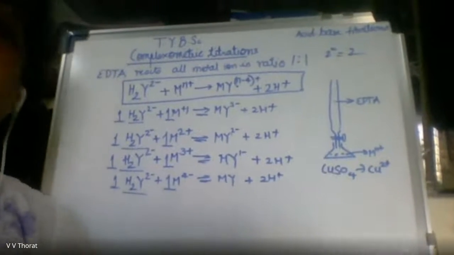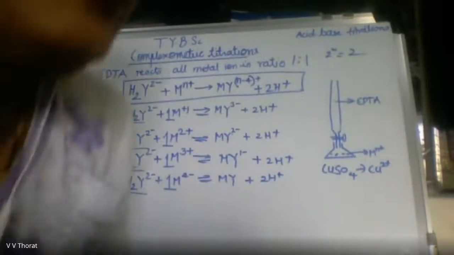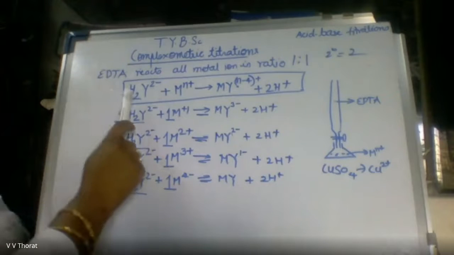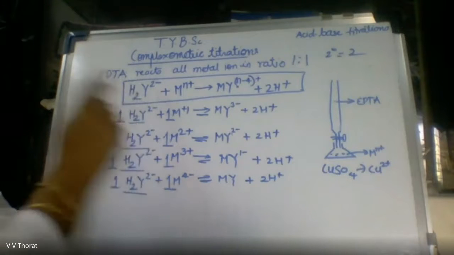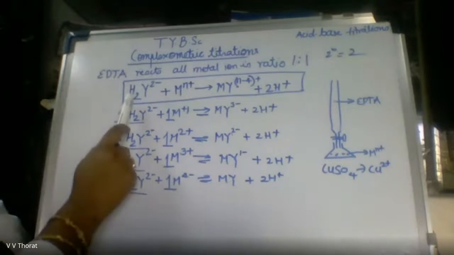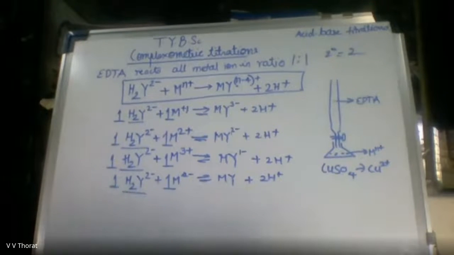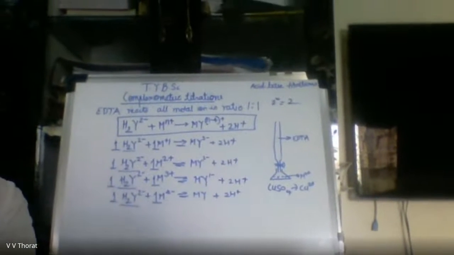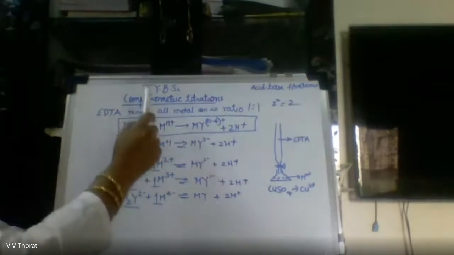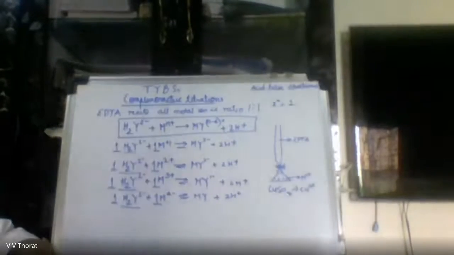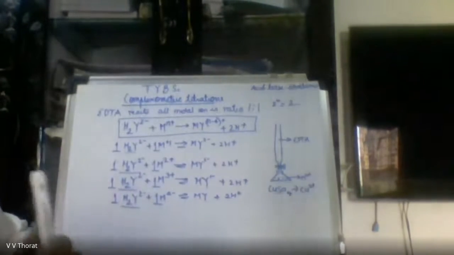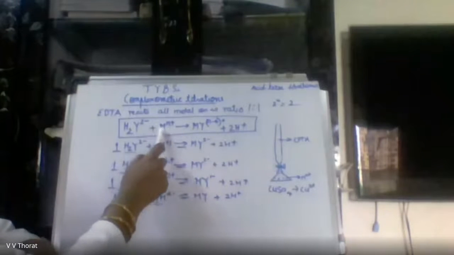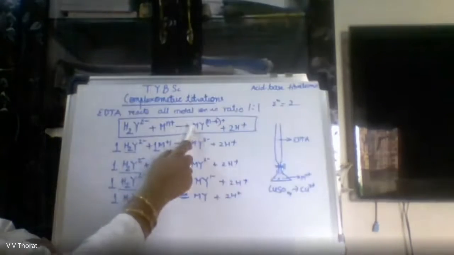So the general reaction. Whenever you have to write the general reaction, you should write this H2Y2 minus. This is disodium salt of EDTA. Disodium salt of EDTA reacts with metal ions in the ratio of 1:1, and the reaction is H2Y2 minus plus M plus, giving out MY3.